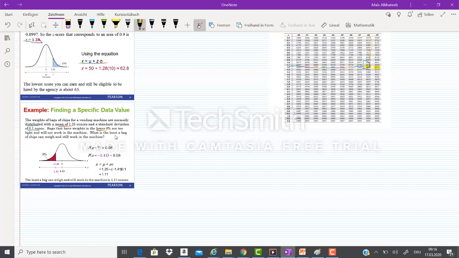What is the least weight of a bag of chips that can still work in the machine?